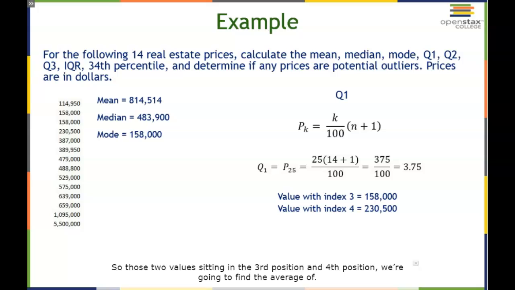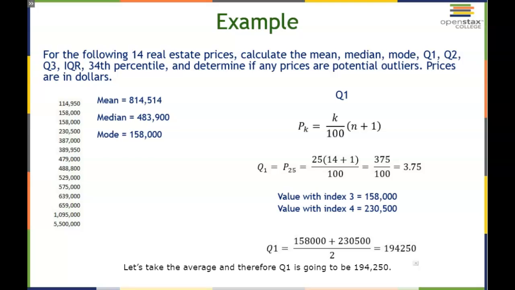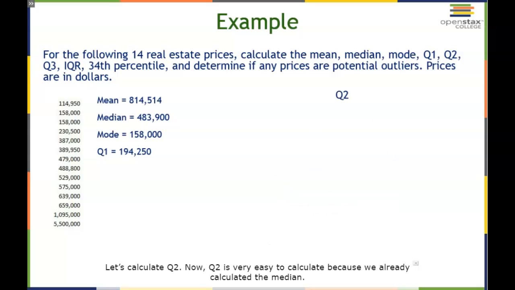So those two values sitting in the 3rd position and 4th position, we're going to find the average of. So 158,000 is sitting in the 3rd position, 230,500 is sitting in the 4th. Let's take the average, and therefore Q1 is going to be 194,250.